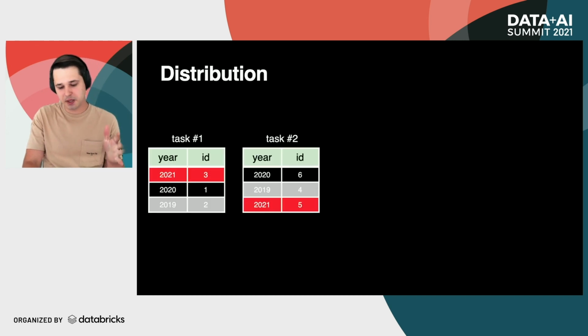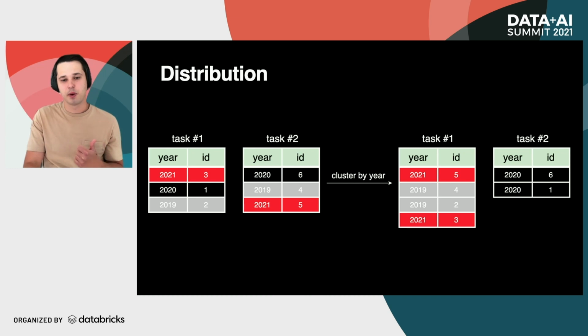As we all know, Spark has multiple tasks in a single job, and distribution will define how the data is split between those tasks. Let's consider an example where two tasks basically contain records for 3 years, for 2019, 2020, and 2021.